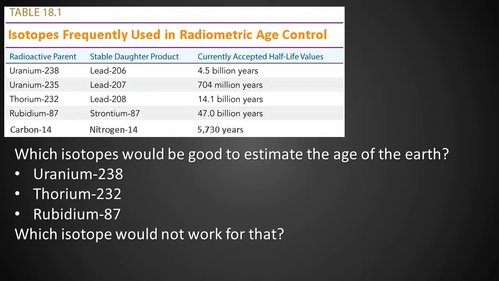Uranium, thorium, and rubidium all have long half-lives. Which isotope would not work for that? That's right, carbon-14. The half-life is so short that all of the carbon-14 that may have existed when the Earth was formed would have decayed by now.